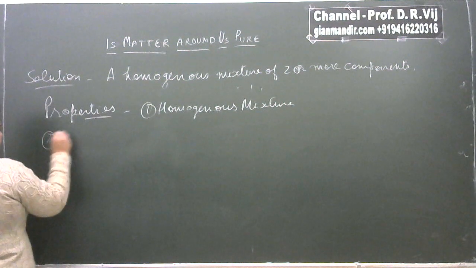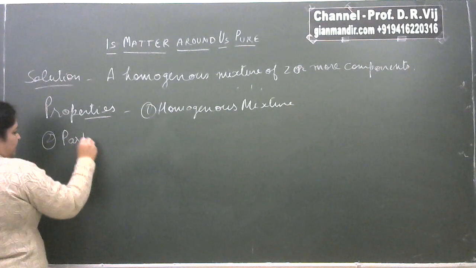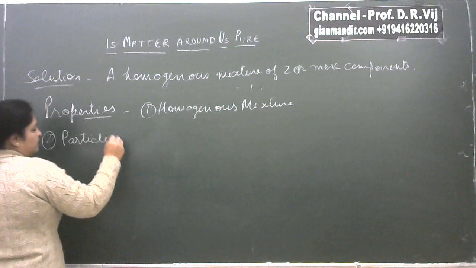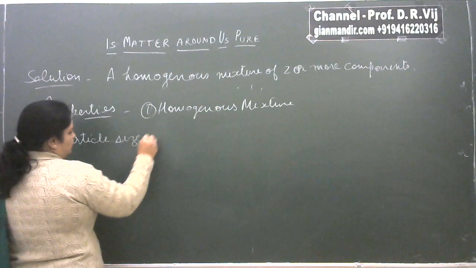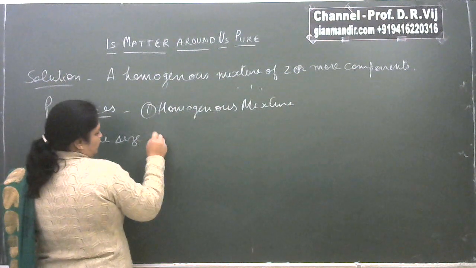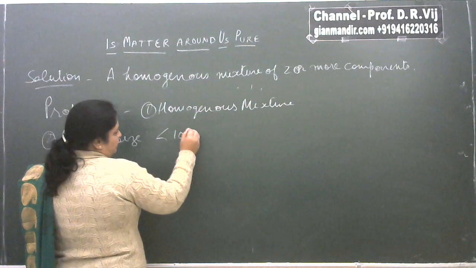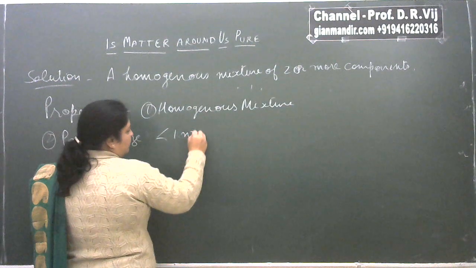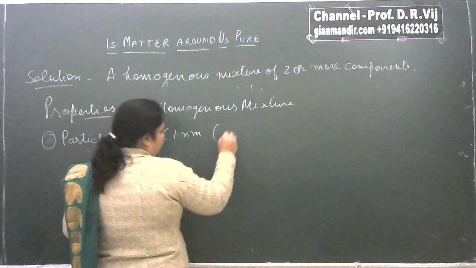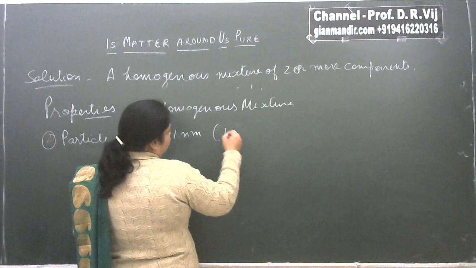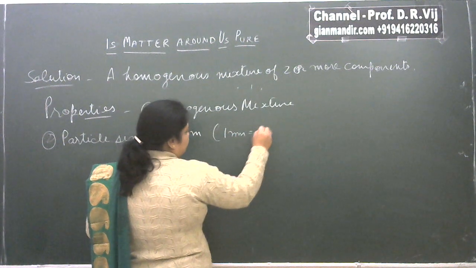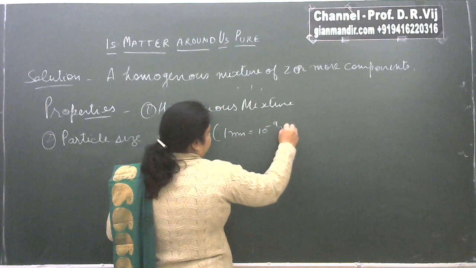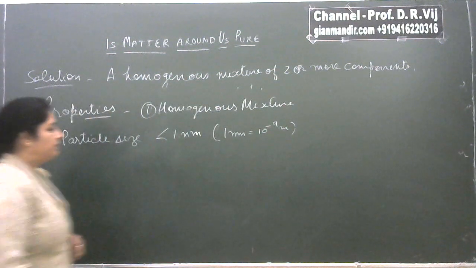Another important property here is that particle size is extremely small. It is less than 1 nanometer. You know what a nanometer is? 1 nanometer is equal to 10 raised to power minus 9 meter, right?